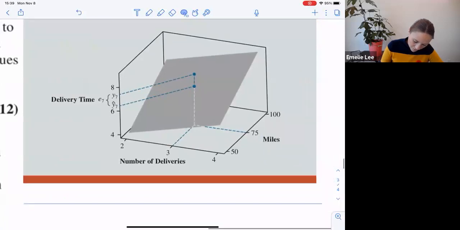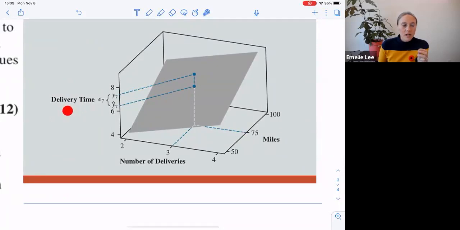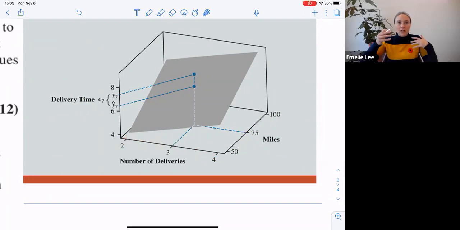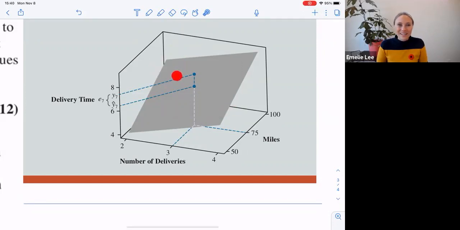So if we're trying to predict the delivery time, and initially we only looked at the number of miles that the driver traveled, but now what if we incorporate another variable, the number of deliveries? For each value of x that you incorporate, you're going to introduce another axis, and we really max out visually at 3. But now we have some plane instead of a line.